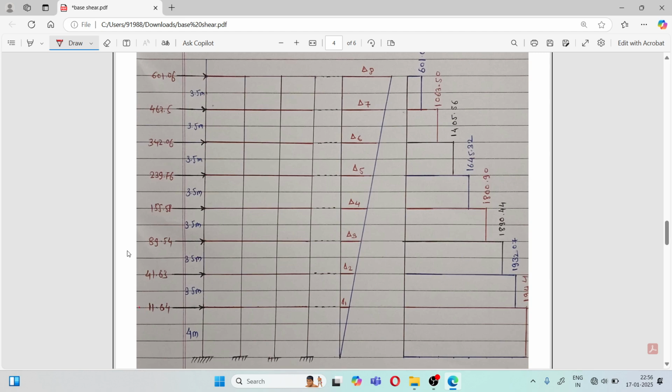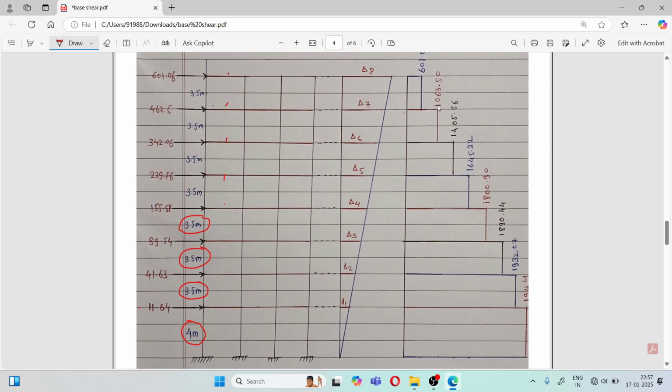This is the first story, this is second, third, fourth, fifth, sixth, seventh and eighth. The first story has a height of 4 meter and the remaining are 3.5 meter. And these are the lateral forces. We have to find out the cumulative forces.